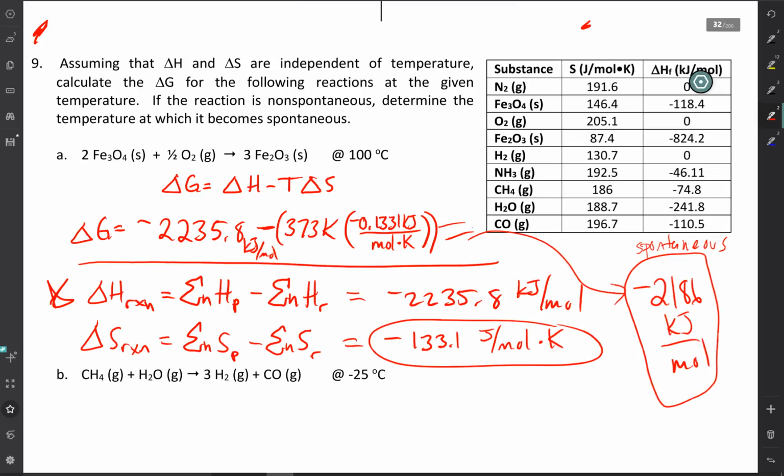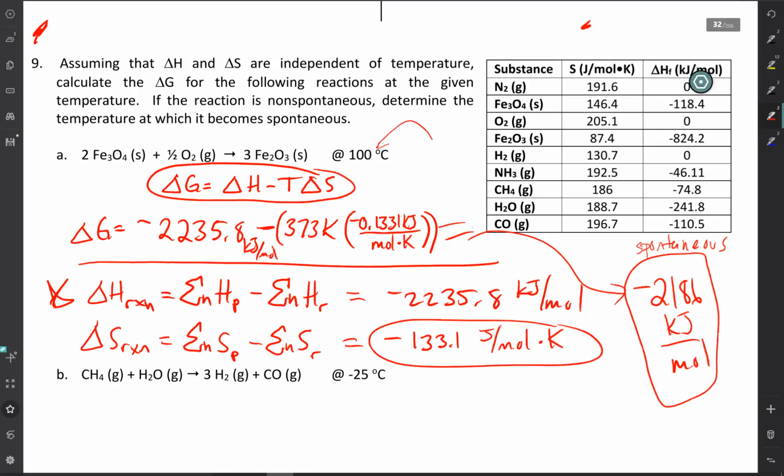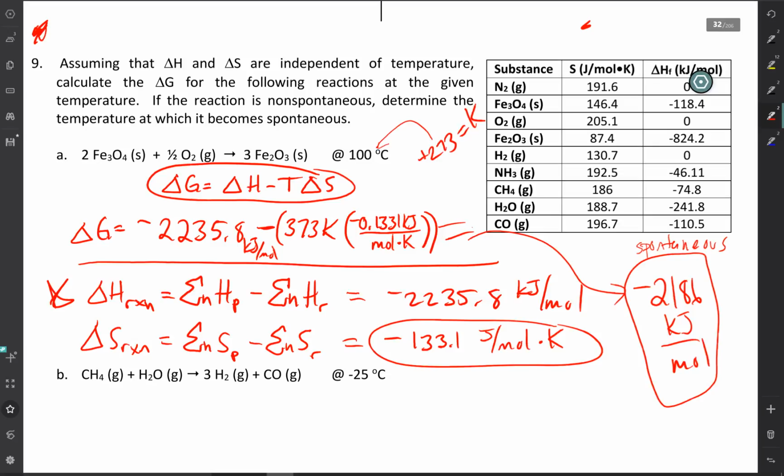The trick with the Gibbs free energy equation, this one right here, is first off, making sure that you're working in Kelvin. You know I'm going to be a jerk, and I'm not going to give you a temperature in Kelvin. I'm going to give it to you in Celsius. So you know that in order to get from Celsius to Kelvin, you just have to add 273. The other thing to watch out for is your units.